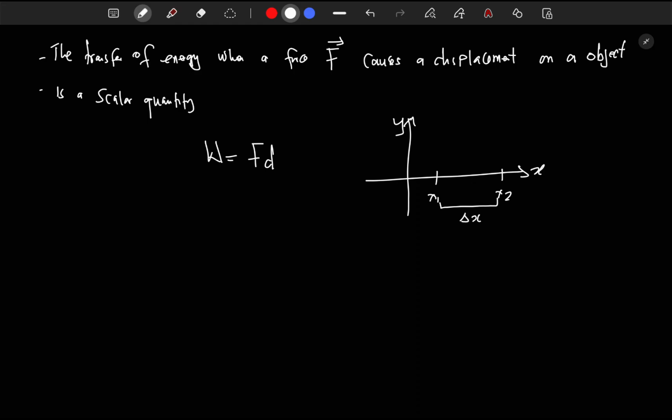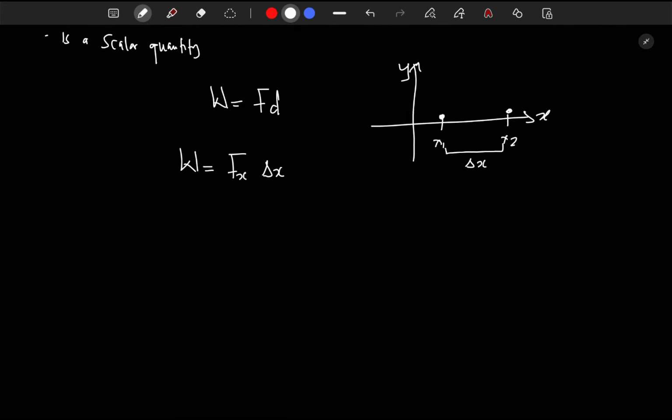This force is transferring energy from this point to the other, which means there's a change in displacement. That change in displacement is what we're calling delta x. So work is equal to the force, also acting in the x-axis, times dx. We are moving away from just displacement, and we're going to call it dx.